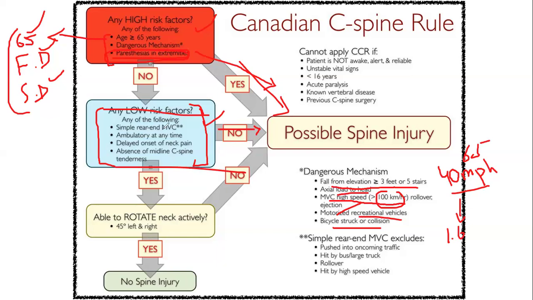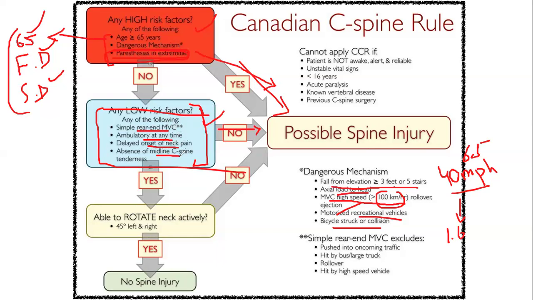If you have any of these low risk factors, what will you do? What are these low risk factors? Motor vehicle collision from the rear end. Patient is ambulatory at any time. There is delayed onset of neck pain, or absence of midline cervical spine tenderness. If any of these low risk factors is present, then what will you do?